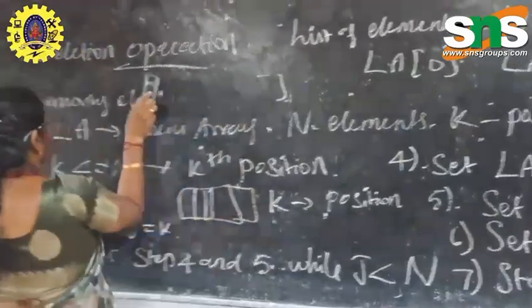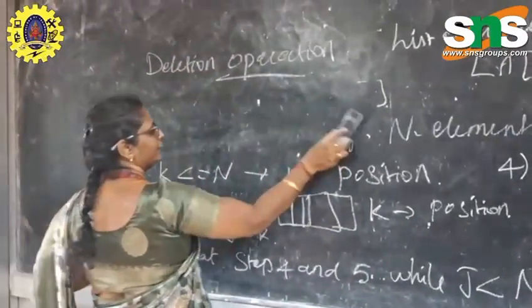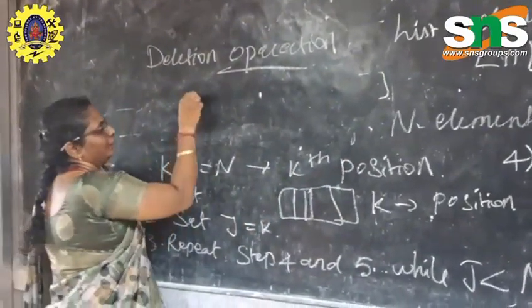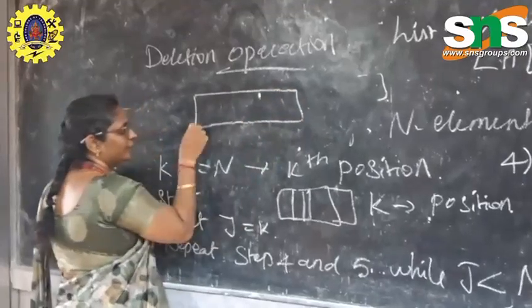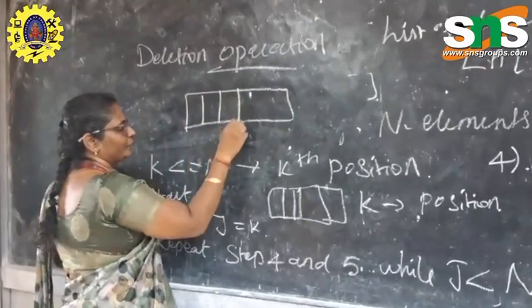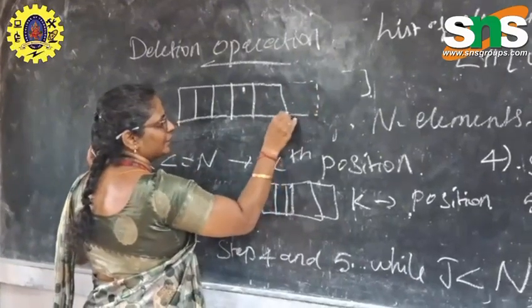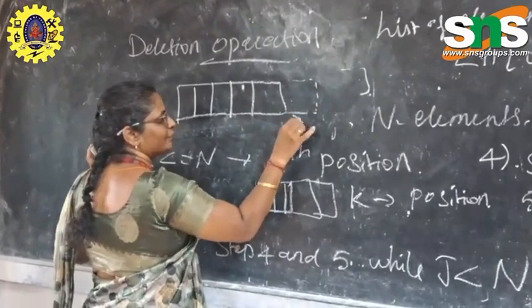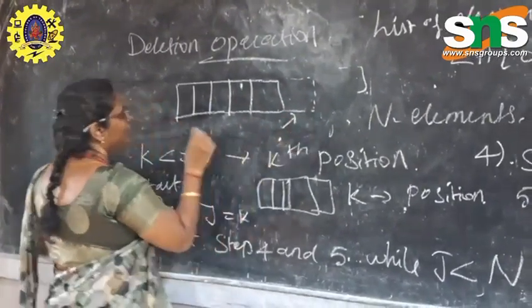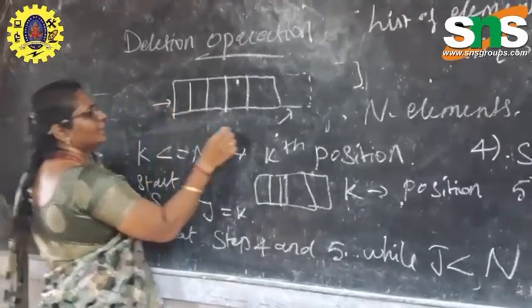Again, I can give one more example. In the delete operation, we take a list of elements like 1, 2, 3, 4 and 5. Again, we can add a sixth element at the end of the list. This is the starting point and this is the ending point.